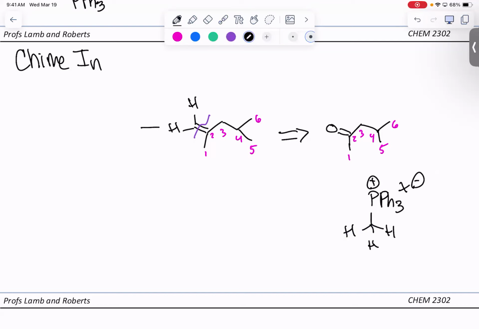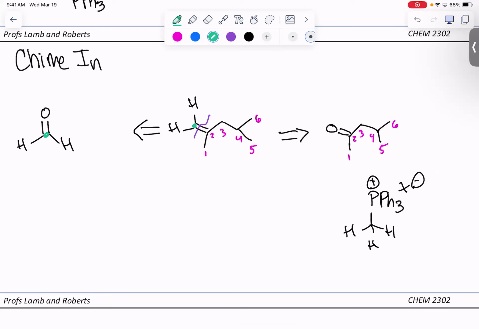All right, from the chime-in, it was a little bit difficult for people to see that we could just use formaldehyde as our 1 carbon fragment. So this 1 carbon fragment could actually just be from formaldehyde.